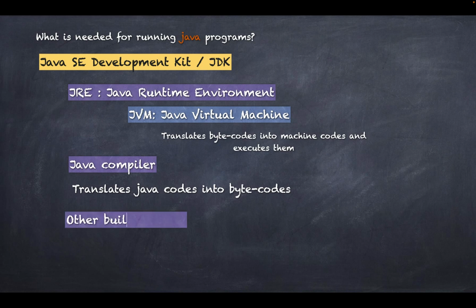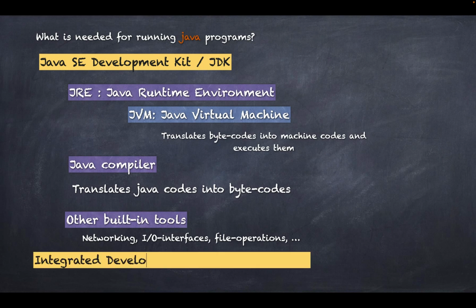And the Java Development Kit also includes other built-in tools which assist the programmer in writing efficient and fast programs. For example, tools for networking, input-output interfaces, and file operations. Don't worry about these features, we'll cover them all later in the future.